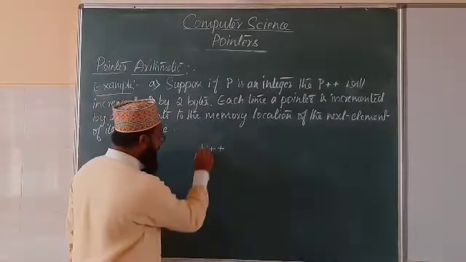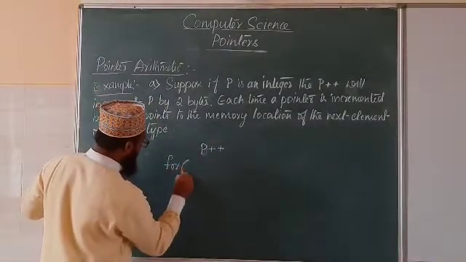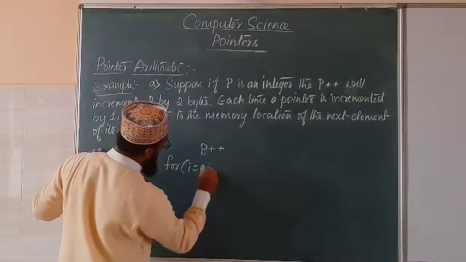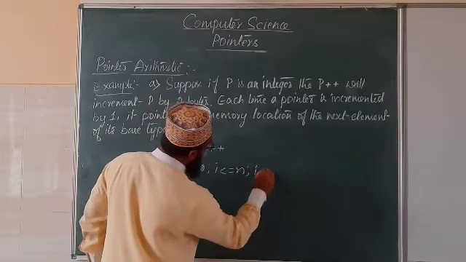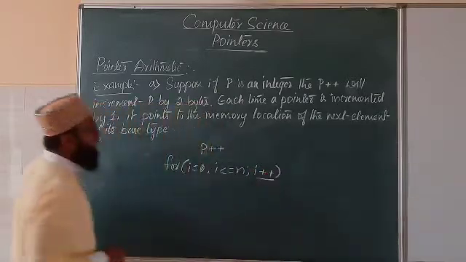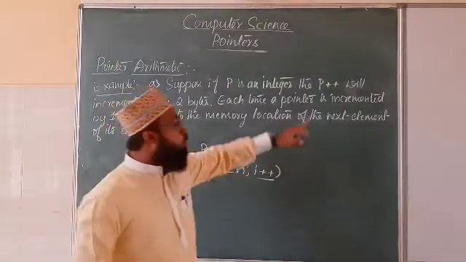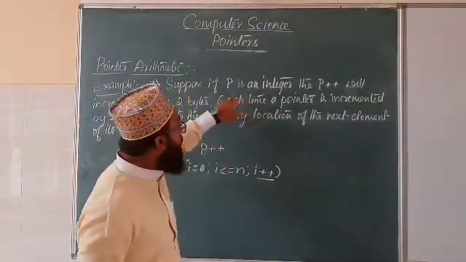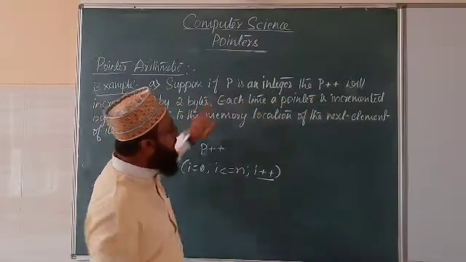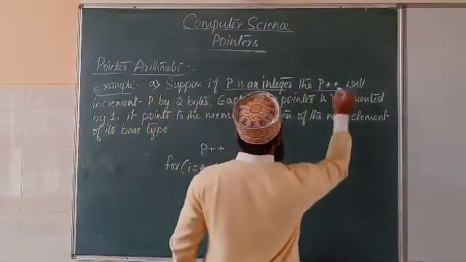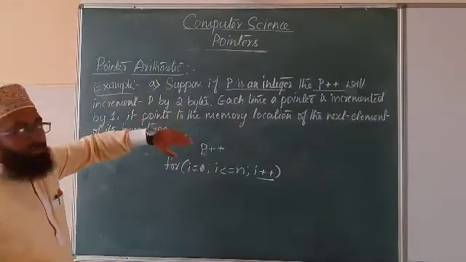Now listen students, if we use the p plus plus operator with p, as you already know, in a for loop, i equals 0, i less than or equal to n, then i plus plus. So what is this plus plus? It will increment by 2 bytes. If we take p as an integer and use p plus plus with p, then it will increment p by 2.